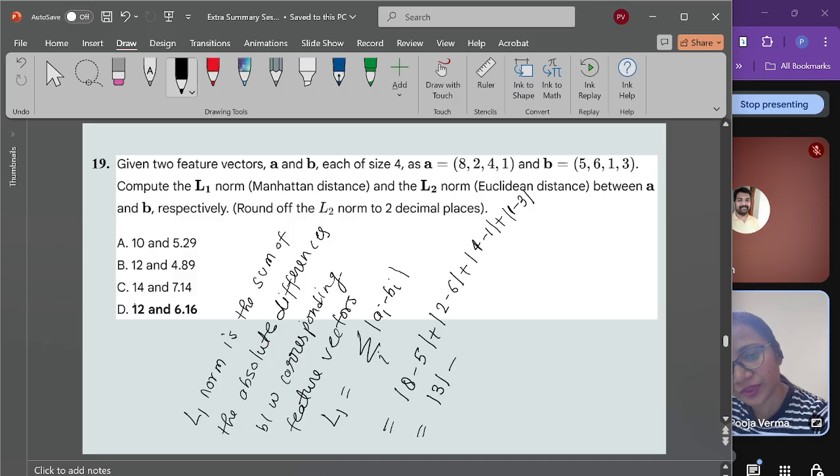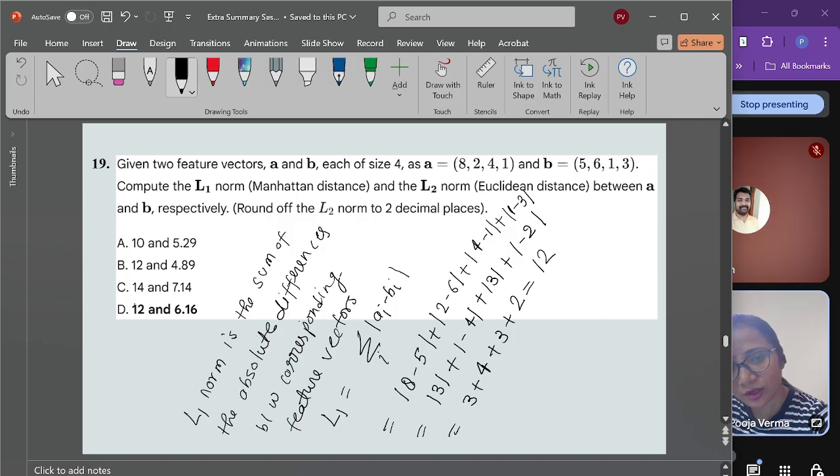So 3 plus the absolute of minus 4, plus 3, plus the absolute of minus 2. So this is the absolute difference, so there will be no minus sign. So 3 plus 4 plus 3 plus 2. If you add all those, you will get 12 here.